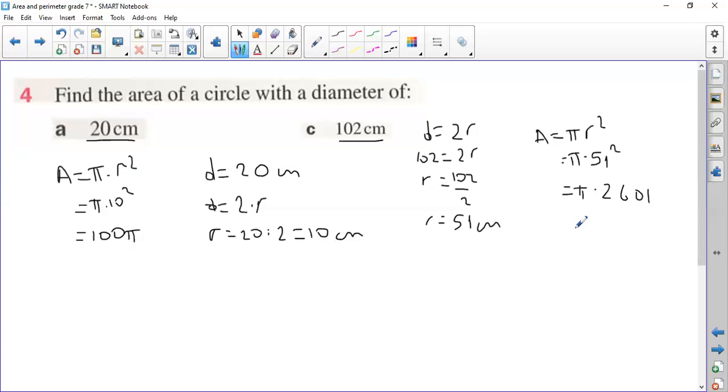Okay, so it is 2601 pi centimeter squared. Okay, so the area is found in centimeter squared. So in this way, if we know diameter or radius, we can find the area of a circle. Now let's continue with exercises.